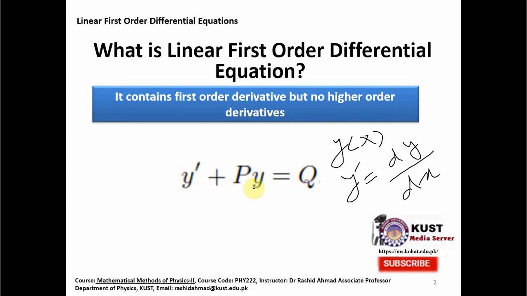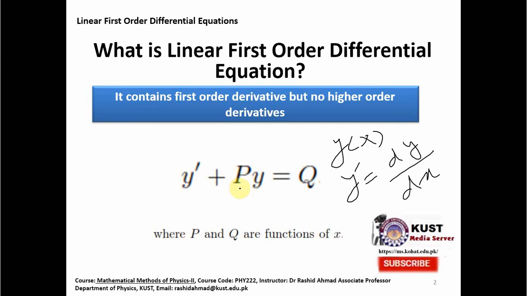Let's come to the second term. In the second term we have y, not even a first order derivative, and it is multiplied by a function p. This function p and also the function q, which we will talk about later, are functions of x, so they depend upon x.